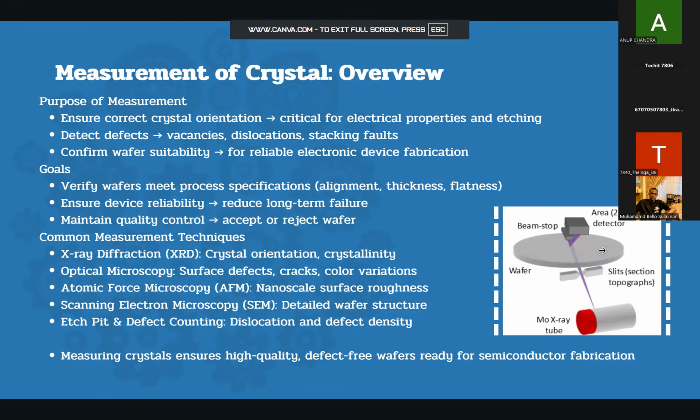Next is crystal measurement. Crystal measurement ensures that a wafer has the correct orientation and minimal defects. Orientation affects electrical behavior and etching, while defect detection ensures the wafer is suitable for reliable device fabrication.